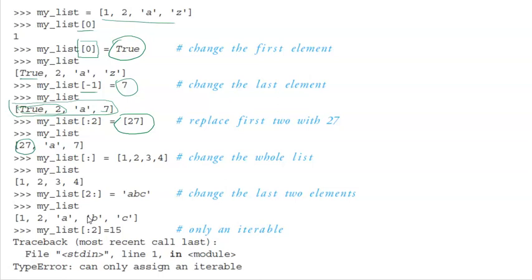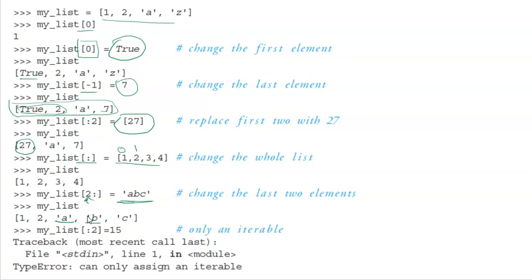You can also redefine the whole list, or you can just use the name of the list and change it to this. You can also replace elements. Let's say you want to change the elements from index 2 up till the end with a string. Python is automatically going to convert it into a list and then place it. This is index 0, this is 1.